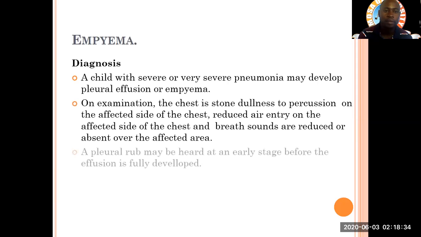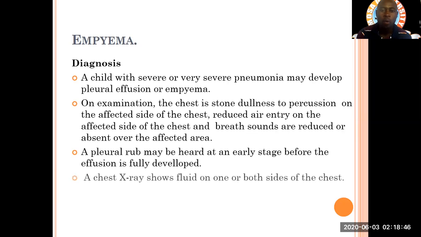Let us look at empyema. You can make a diagnosis of empyema when a child presents with severe pneumonia or develops a pleural effusion. When you do an examination, basically when you do percussion, you find what you call a stony dull sound. You can compare the side of the chest that is okay with the one that is affected.